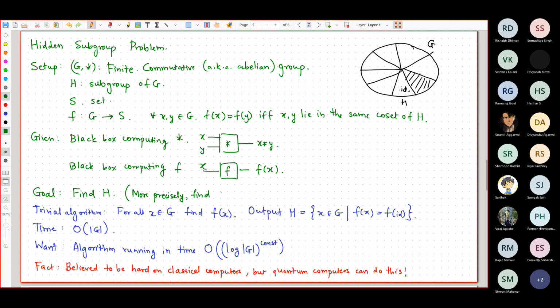some subset. There could be several such subsets, T, which is a subset of H, such that the smallest subgroup of G containing all of T is precisely H. So we are not explicitly finding H. We are just finding some small subset of H with the property that the smallest subgroup of G which contains all of T is necessarily equal to H. And it turns out that you can have such a T whose size is logarithmic in the size of H. Okay, let's not get into all these details.